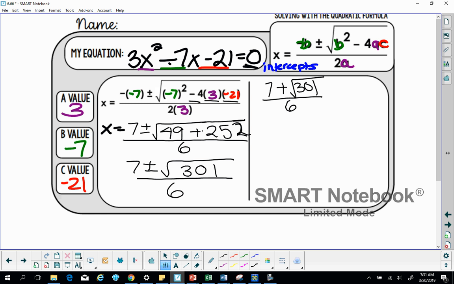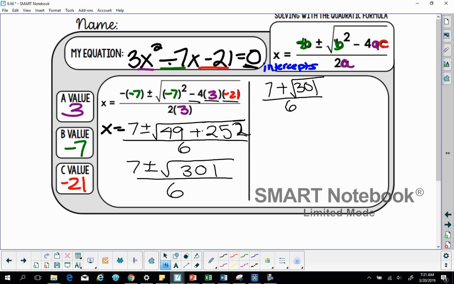When you put that in, what do you end up getting? Does everyone see that they get the exact same answer when you put it in your calculator?